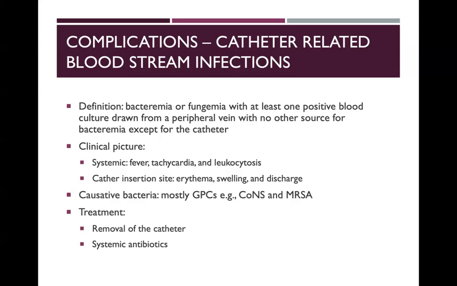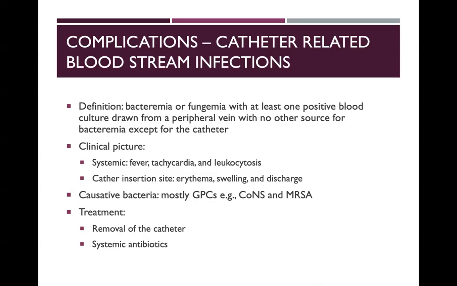Your patient, just like with an infection, is going to be febrile. It's probably going to have tachycardia, maybe tachypnea if there is a suspicion also of pneumonia, but mostly it's just a tachycardia, and the white blood cell count is going to be high to fight that infection. And when you look at the insertion site of the catheter, it's going to be red, inflamed, swollen, maybe with some discharge and so on.